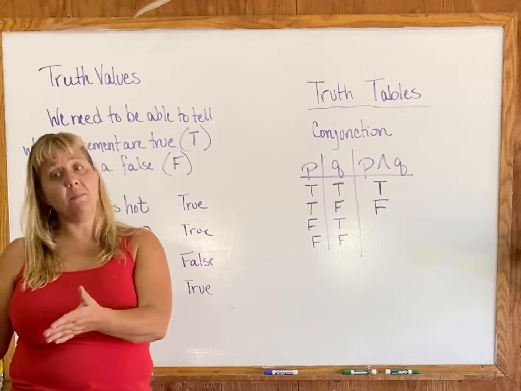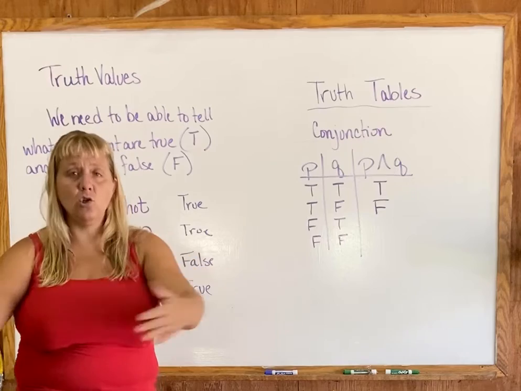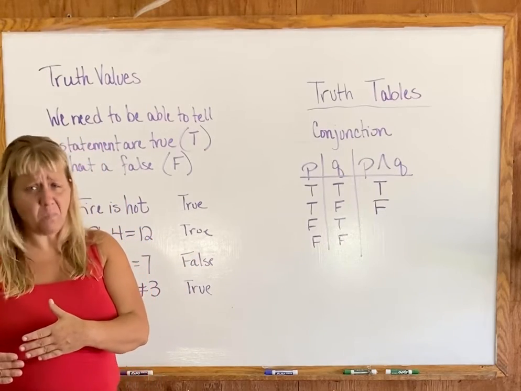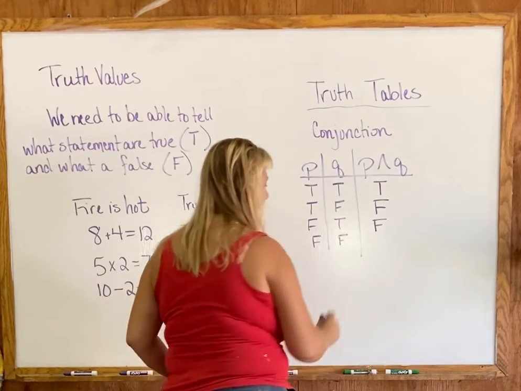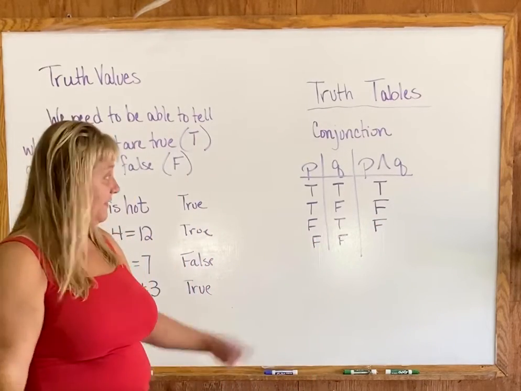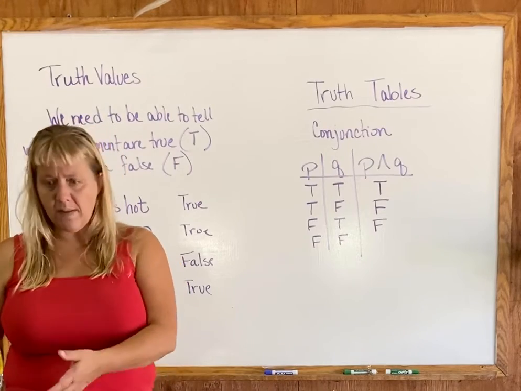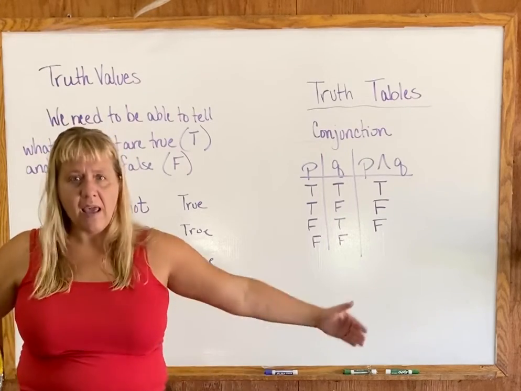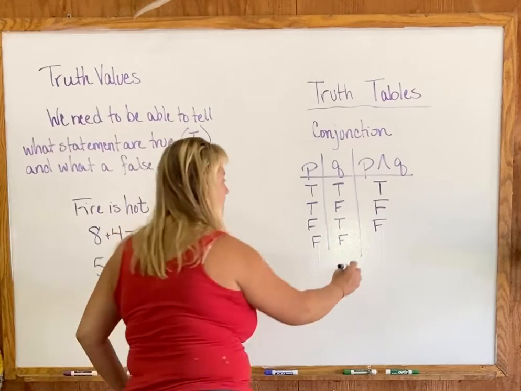If the first statement is false and the second statement is true, when we conjoin them together, unfortunately, we're going to stay false. And then finally, on the last example, if the first statement is false and the second statement is false, if we conjoin them together, then the whole thing is going to be false.